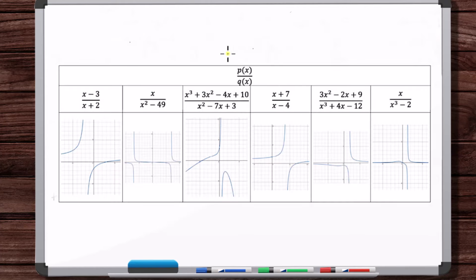And here are rational expressions, but I look at this as a combination of polynomial terms. So you have polynomials here, but what we're going to see in the next video is that even a polynomial like 3x squared minus 2x plus 9, the basic expression here is x squared.